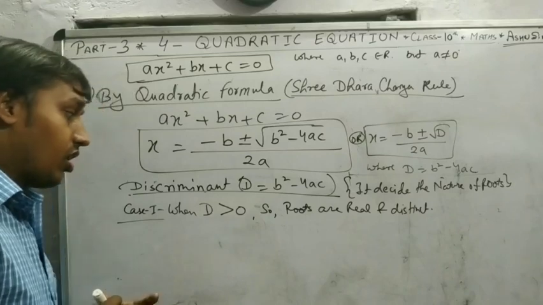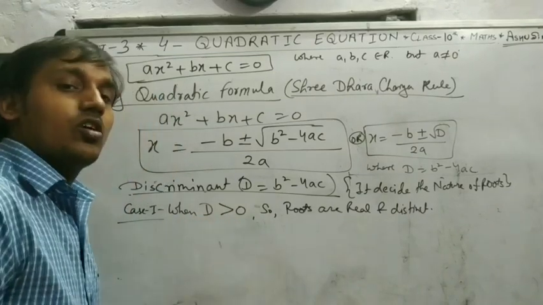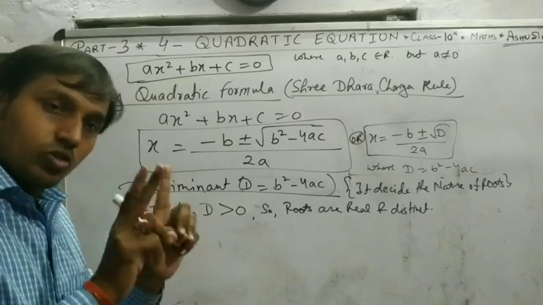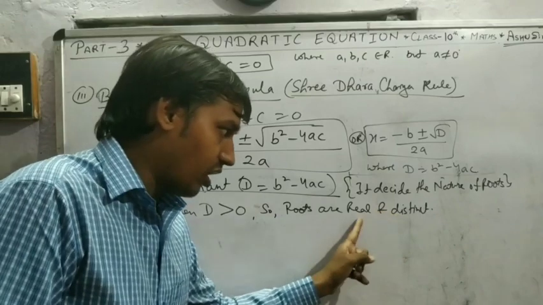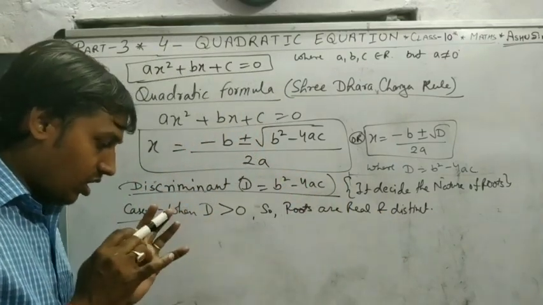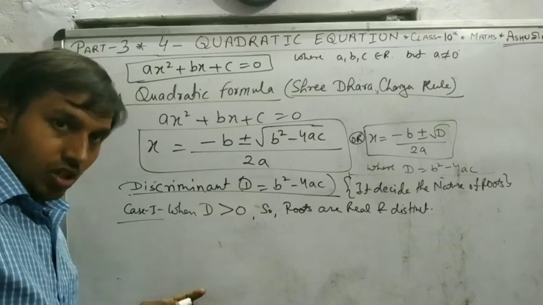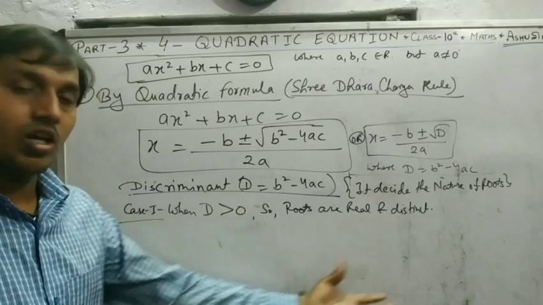Means if d is greater than 0, x has 2 different values. Real means the values exist on the number line, and distinct means 2 different roots, just like we solved in the questions.